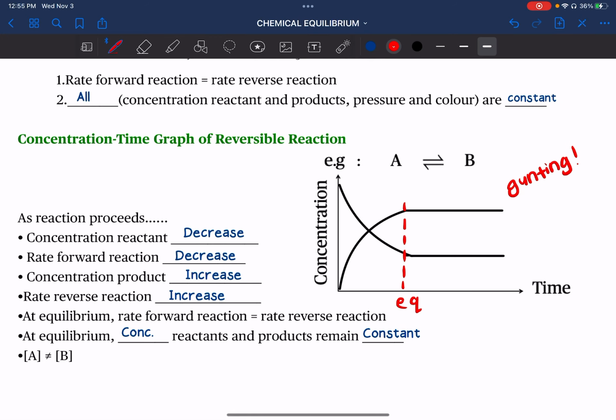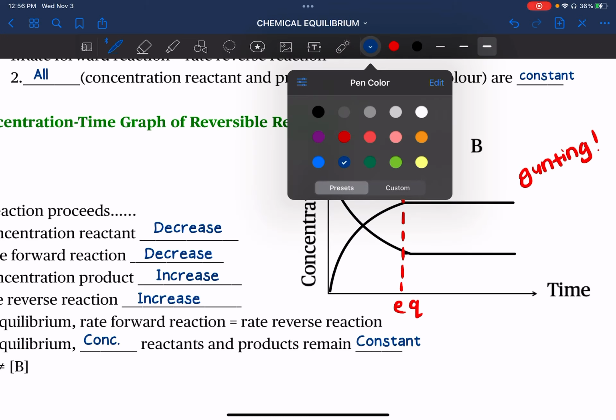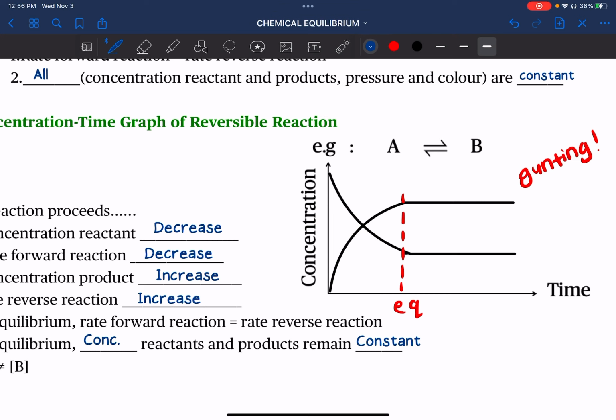Okay, so the first curve is when you start from the origin. Okay, kita tengok betul-betul lah. Start from the origin, the concentration is increasing, up until some point, dia jadi constant. Okay, so means that the first curve corresponds to our product.